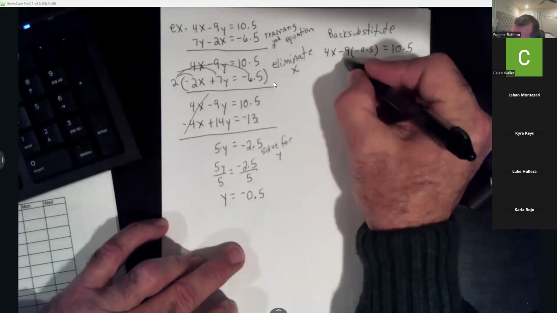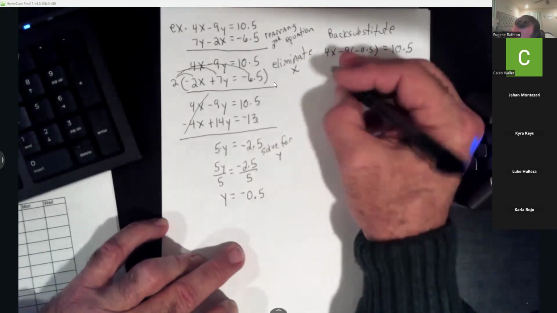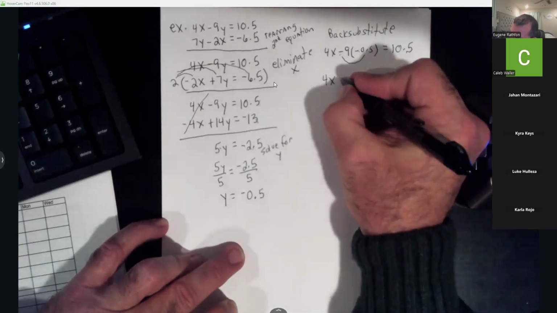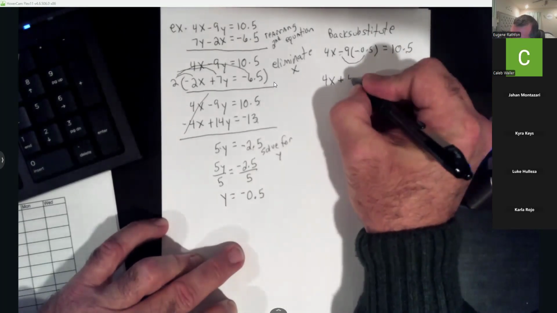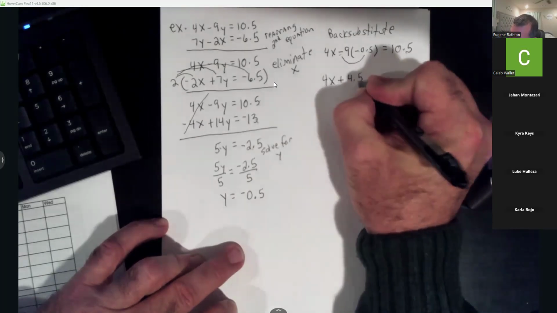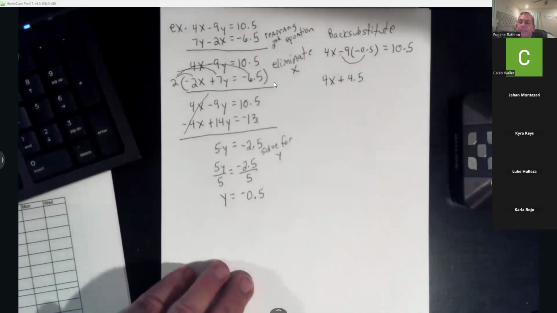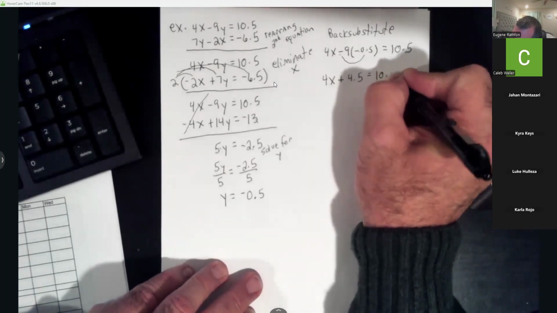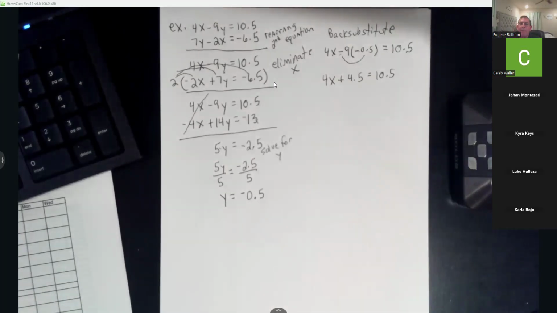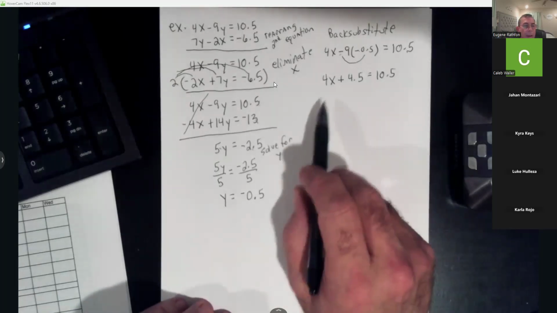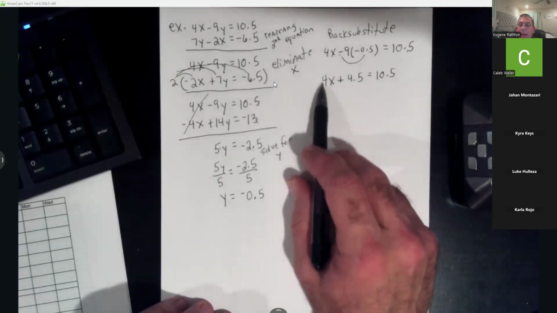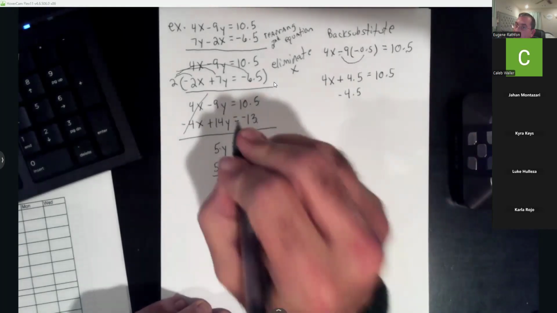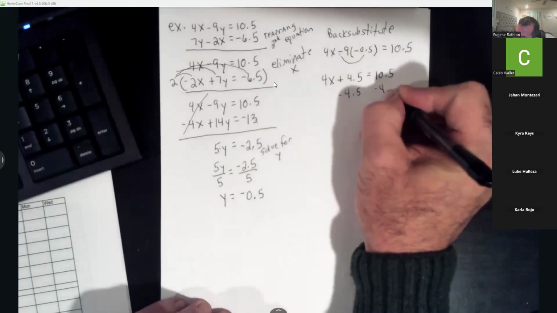All right, y'all. So first, we got to multiply those two. So I'm going to bring down 4x. Negative times a negative is going to make that a positive 4.5. That's going to equal 10.5. All right, so we want this 4x by itself. So minus 4.5 from both sides.